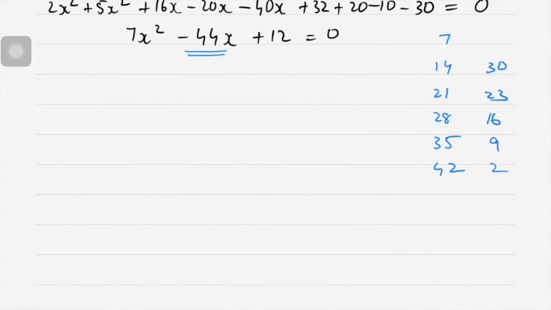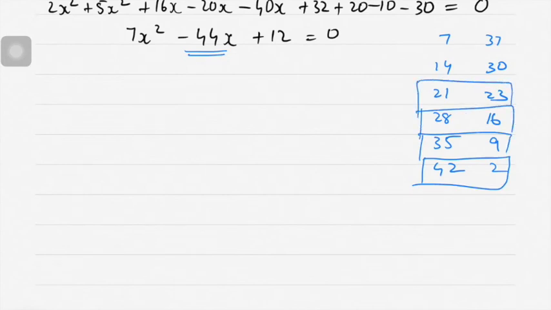Correct? 30 and 14 will make 44, right? 44 minus 7 is 37, so 37 and 7 will make 44. So 44 I can break like this, either 42 and 2, 35 and 9, 28 and 16, 21 and 23, 14 and 30, or 7 and 37. So these are the ways I can break it to make sure that my 7x is coming out.